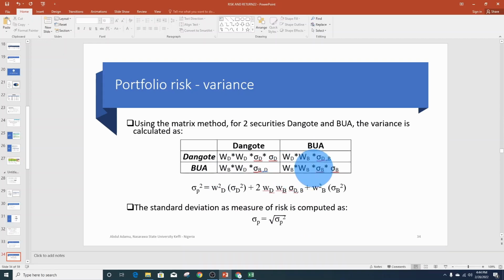Then WB, that is square, then the variance, that is this. This is how you can use it. So if you have 3-4 stocks in a portfolio, you can easily use the matrix method to determine the formula for the variance that you use. So to get the standard deviation, you take the square root as we stated earlier.